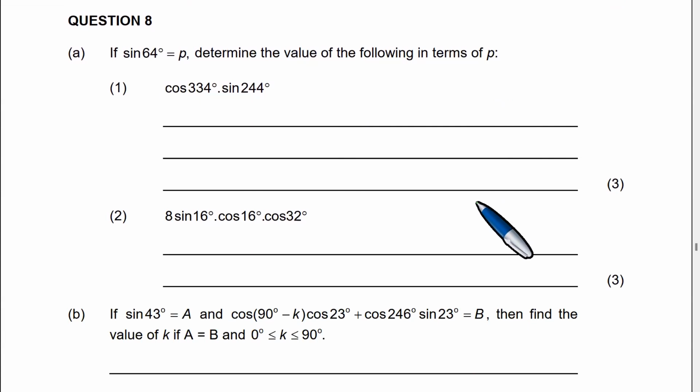Question 8. If the sine of 64 is p, determine the value of the following in terms of p. Let's just get started with this. Right, so if you look at the cosine of these, what is the answer to this?